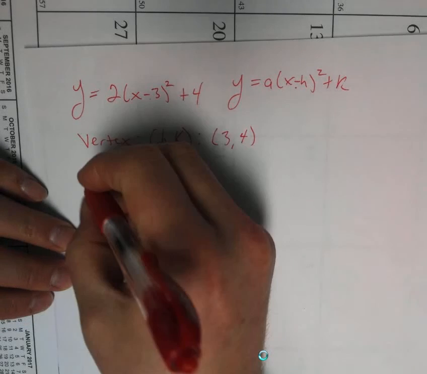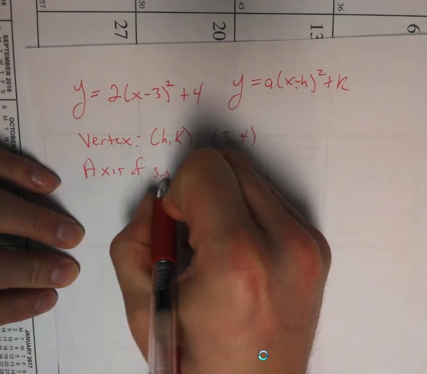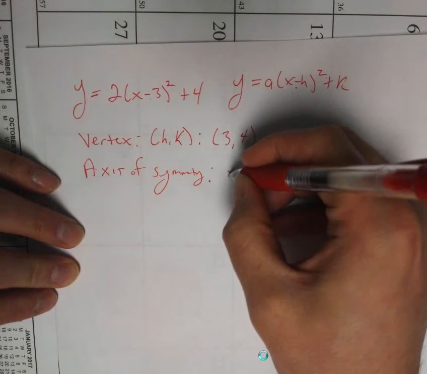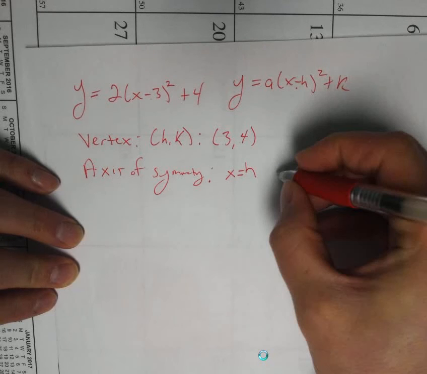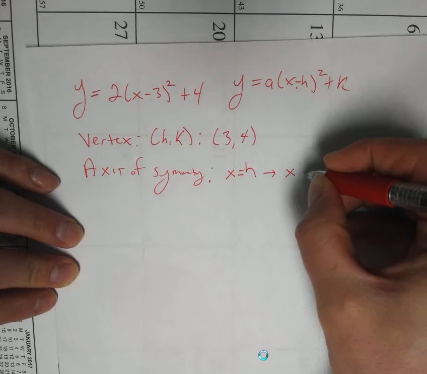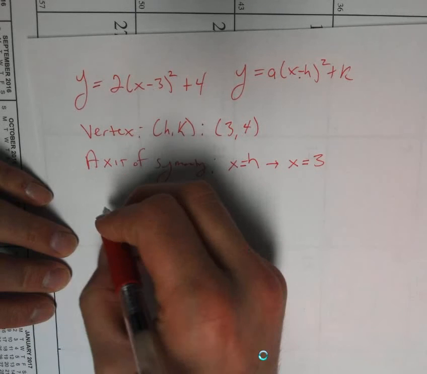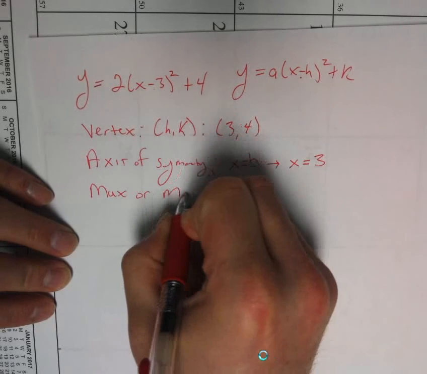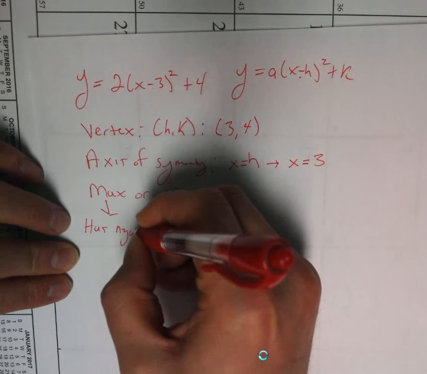Our axis of symmetry. An easy way to remember axis of symmetry is x equals h. So in this case, since our h is 3, we know our axis of symmetry is x equals 3. Alright, the next one we can do is max or min. Easiest way to determine a max has a negative leading coefficient.